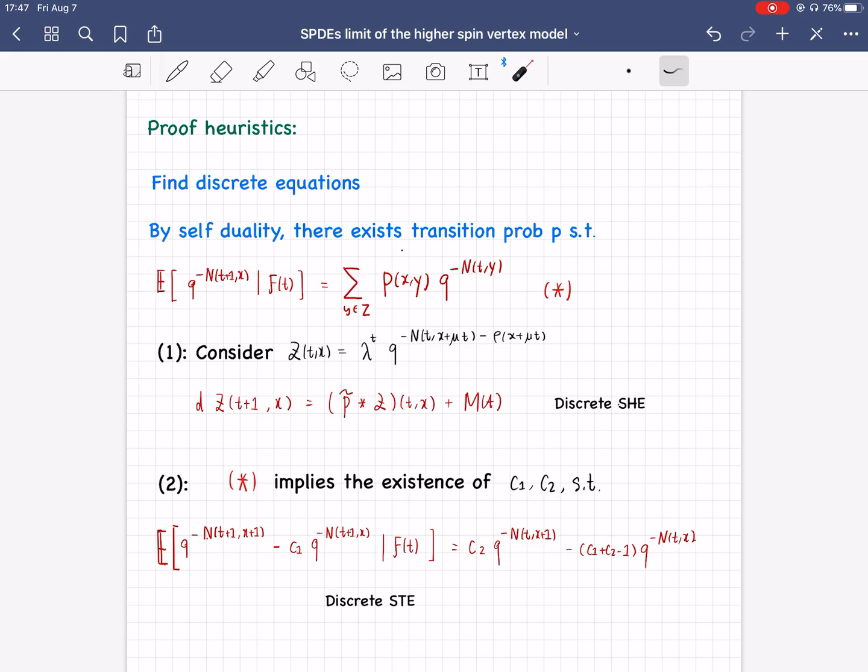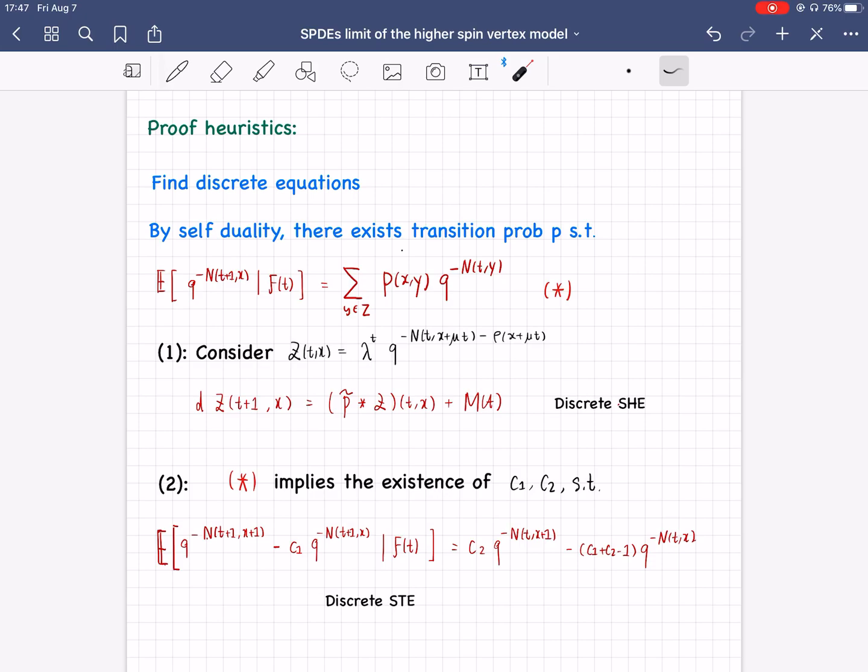For example, here we use a property called self-duality of our model, and it tells you that this conditional expectation at time t plus 1, given the information at time t for our height function, is equal to this summation, where p is the transition probability of some geometric random walk.